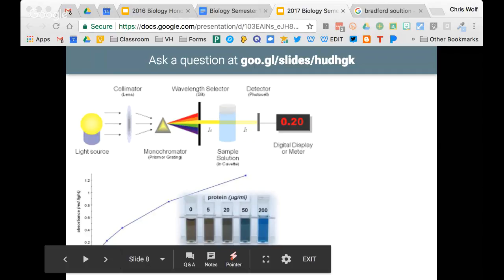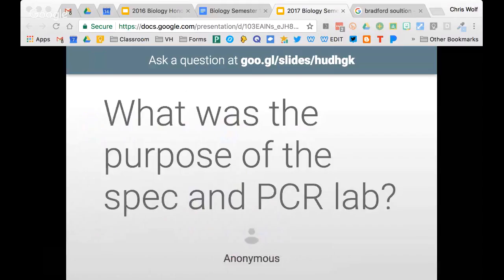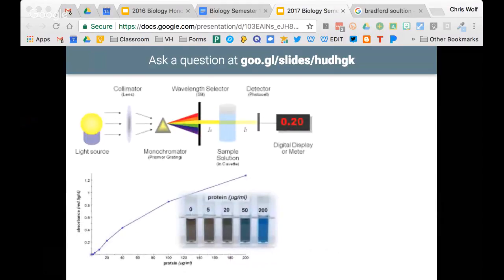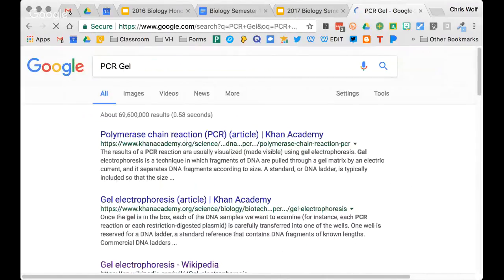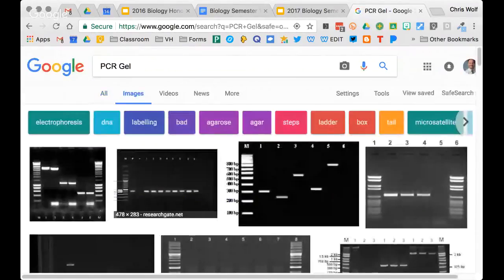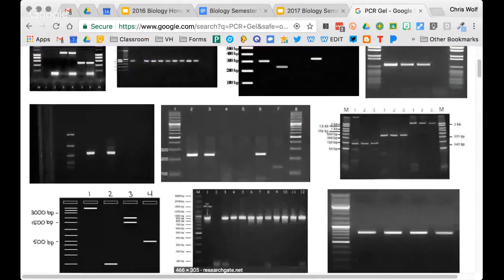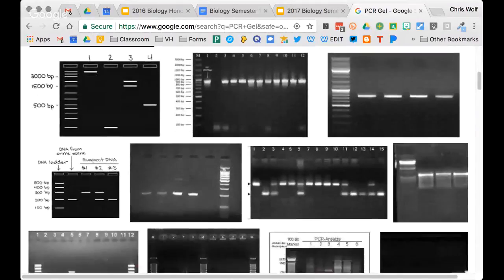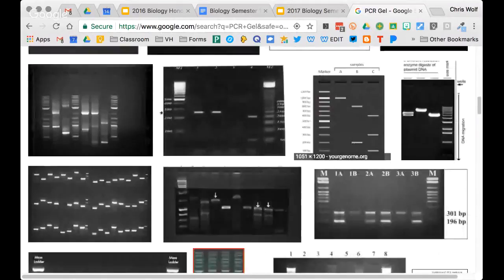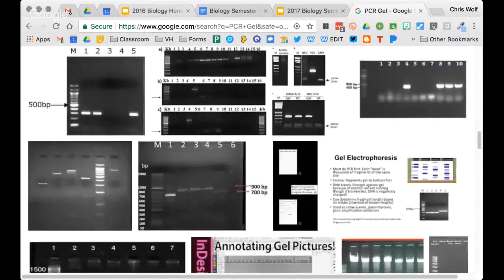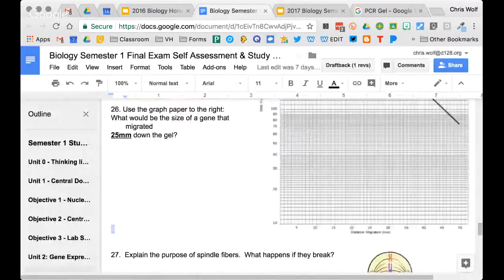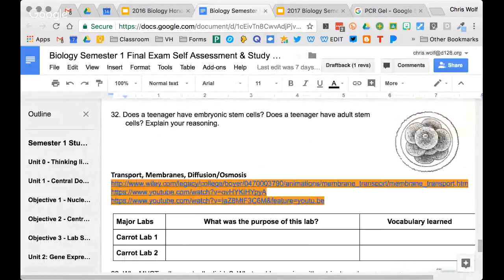Okay, so this question here, what's the purpose of the spec lab and PCR labs? Okay, so let me go find a picture of the PCR lab to drop in that presentation. Actually, I think there's a good one in the study guide, to tell you the truth.